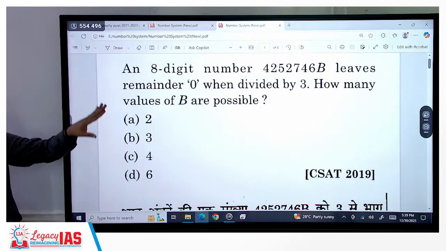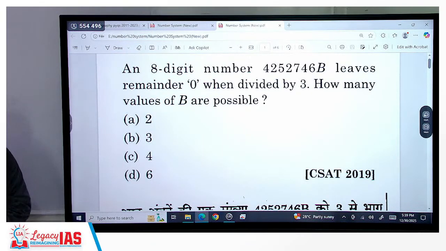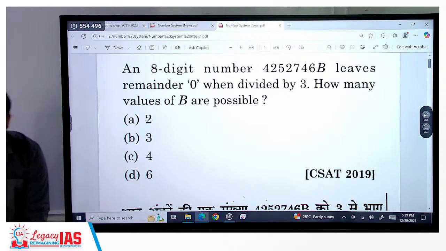Start creating multiples of 3 and cancelling them out. Then see what remains. Okay, done.